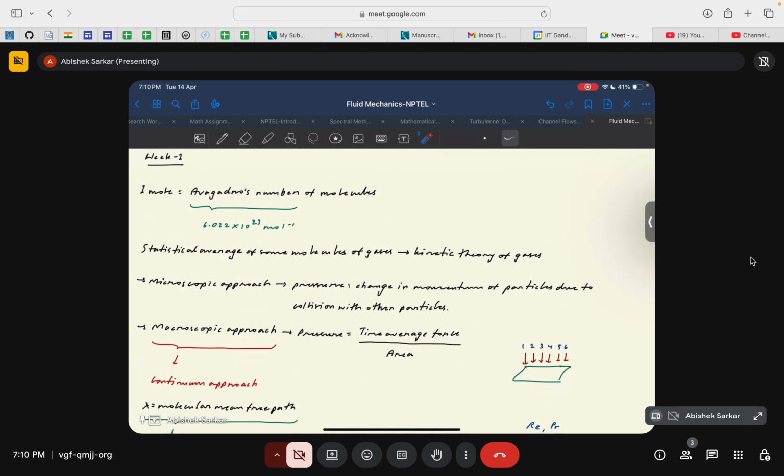The microscopic approach implied the Lagrangian approach, where we treat each and every particle for analysis, and particles, from our course perspective, would be the fluid particles. We follow each and every fluid particle and see how the velocity varies as it traverses within the flow domain, and then calculate the required forces for each and every particle within the flow domain. It turned out to be very, very accurate and very, very intuitive.